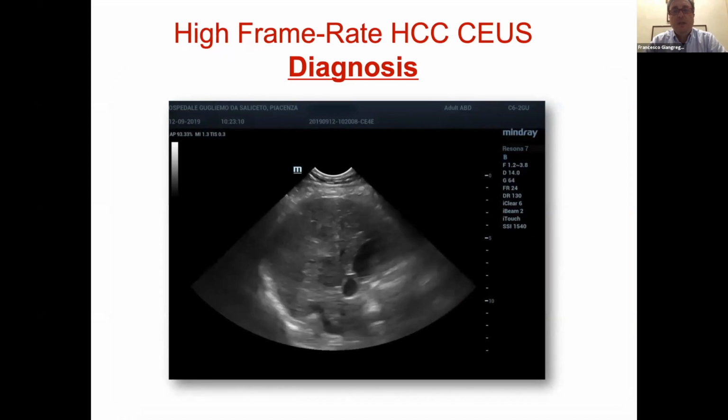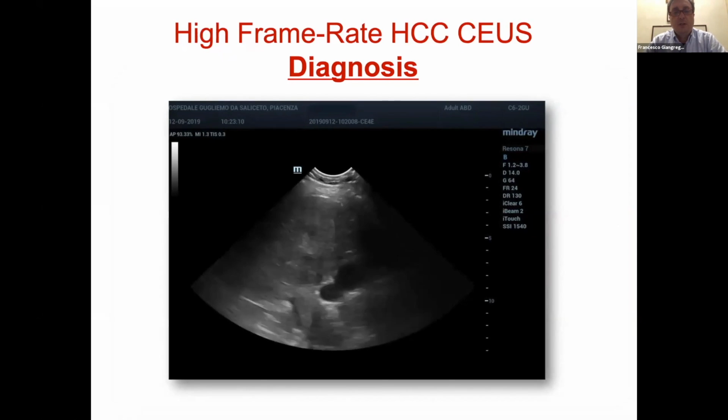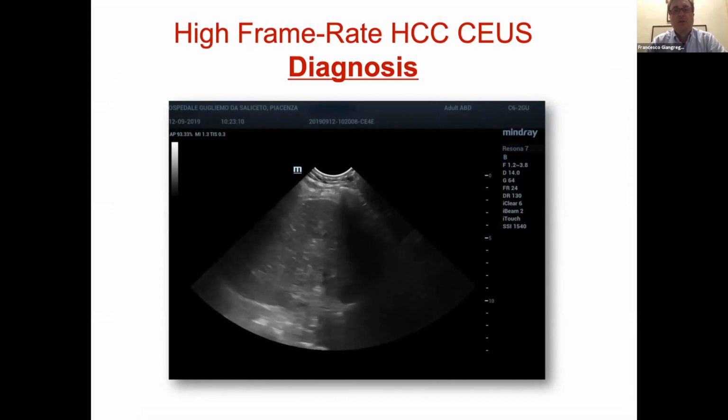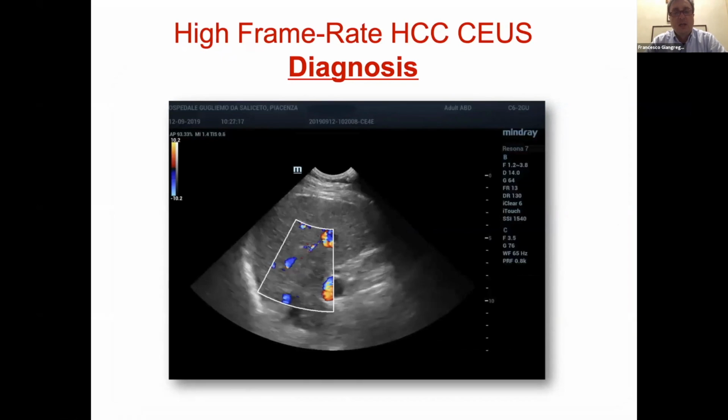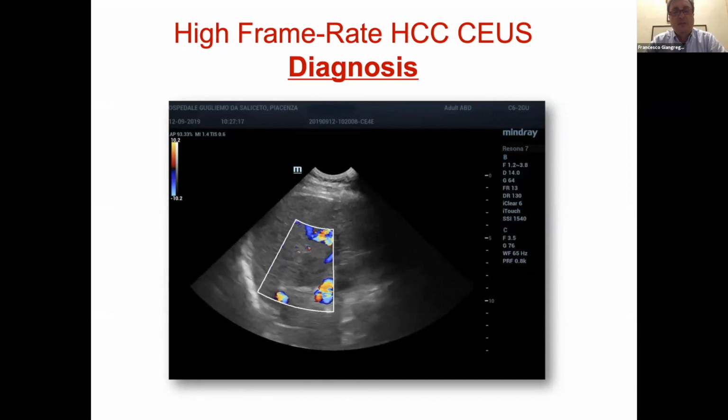In a pathologic field, it is important to study very well the nodules inside a cirrhotic patient and to understand if they are benign or malignant, and above all, if they are hepatocellular carcinoma or cholangiocarcinoma.